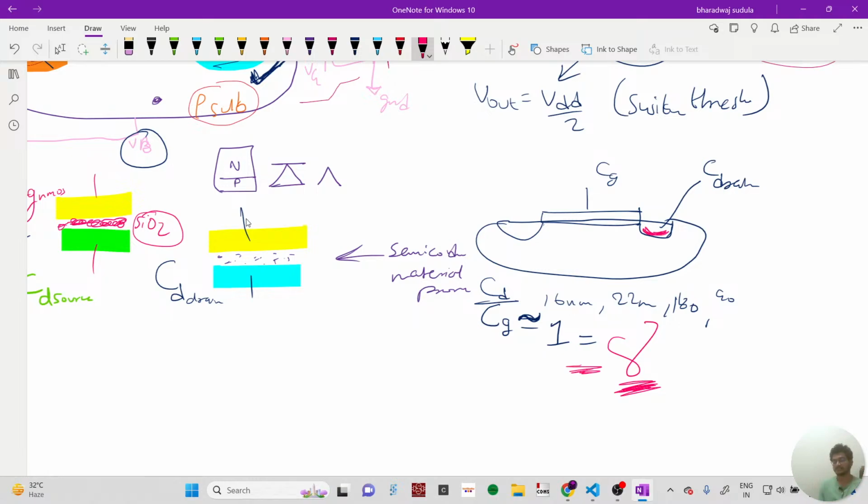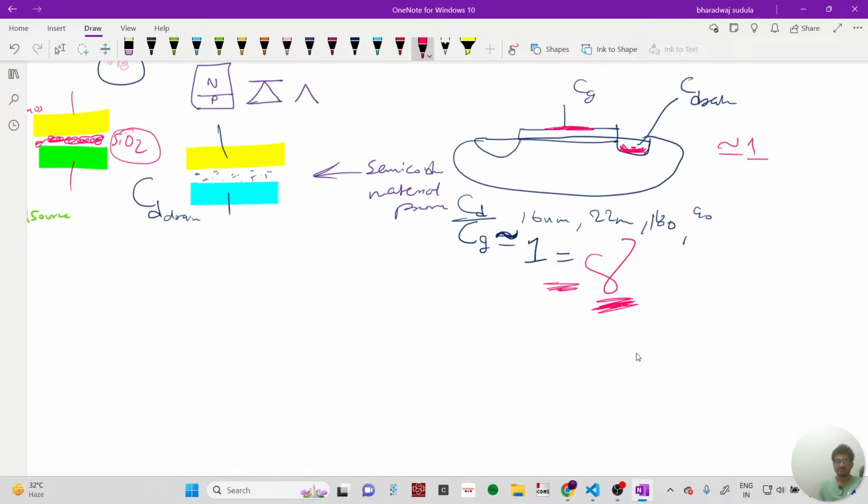So gate cap depends on the thickness and on how controlled the process is. So this diffusion cap and the gate cap have to be almost equal, their ratio being one.